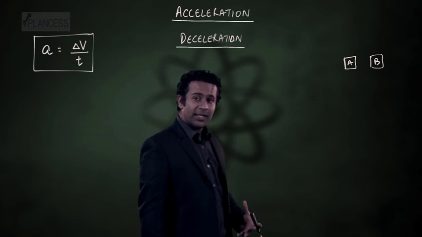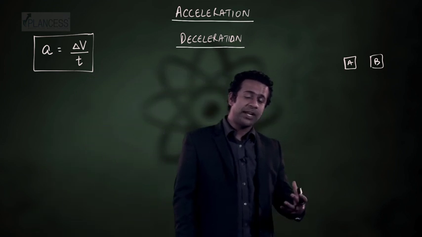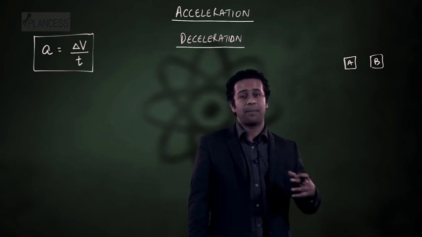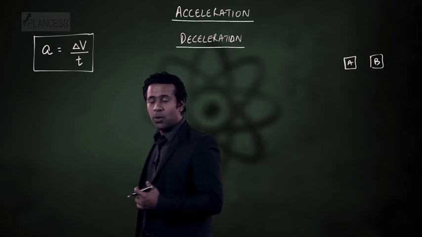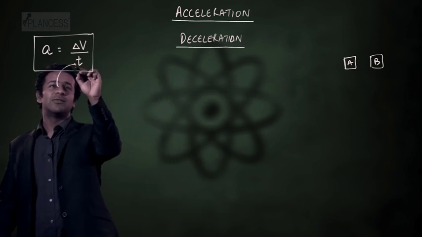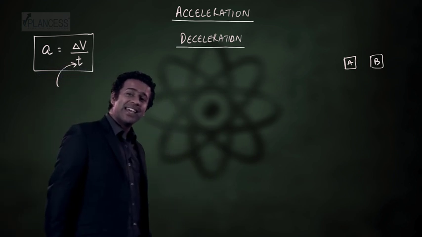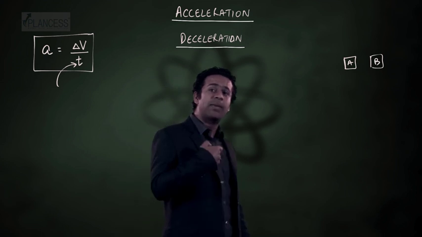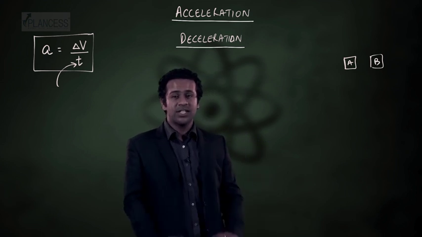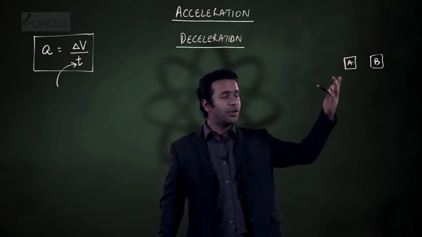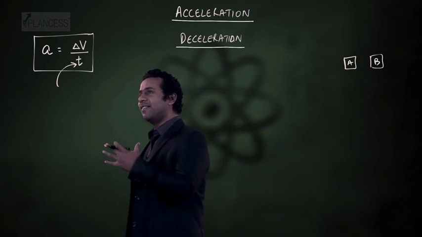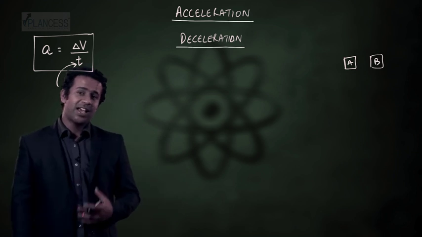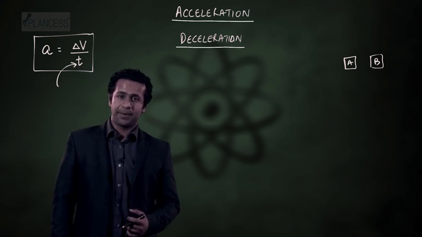That would mean that B is changing its speed more rapidly as compared to A. So this rapidness that we are talking about is basically in terms of time. That means in the same time it will bring about a greater change in its speed as compared to body A. Right. So that is why we define acceleration as change in velocity by time.